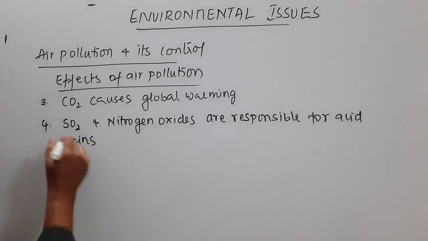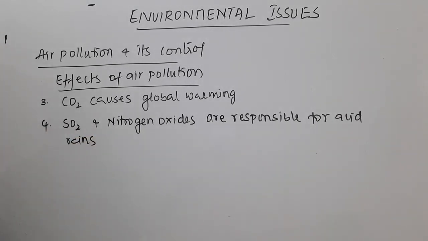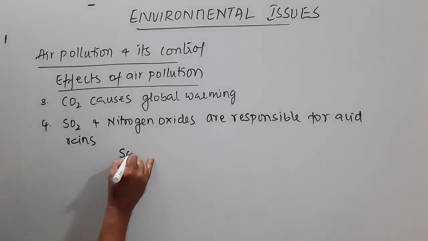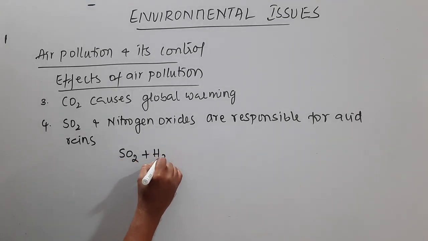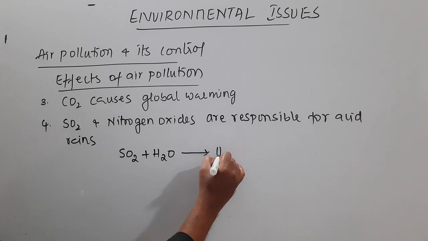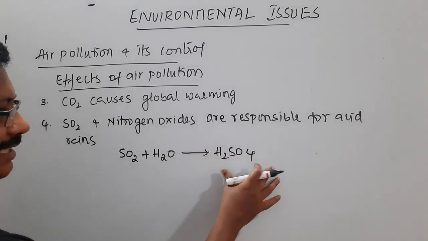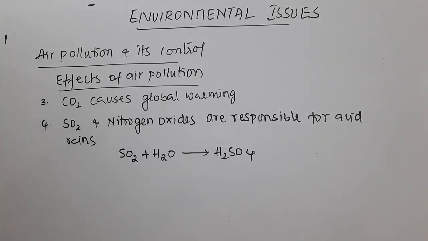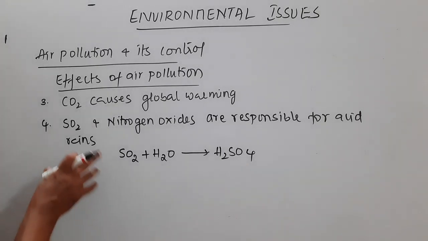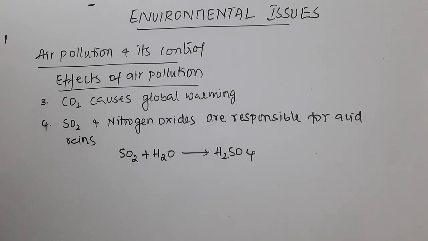If sulfur dioxide is present in air, it may combine with water and result in the formation of sulfuric acid. These sulfuric acids will come down as acid rains. I'm not balancing any equations here.